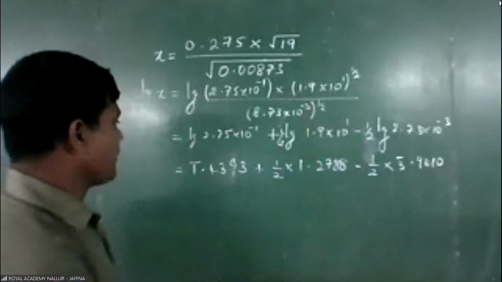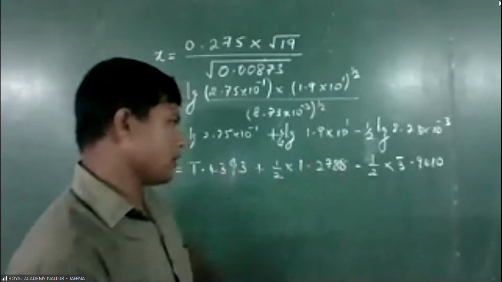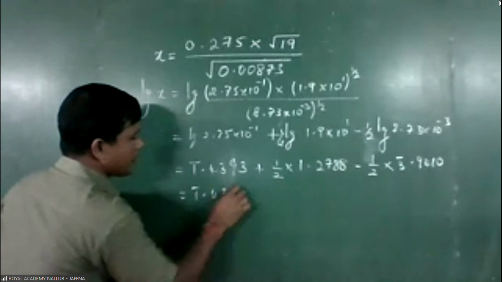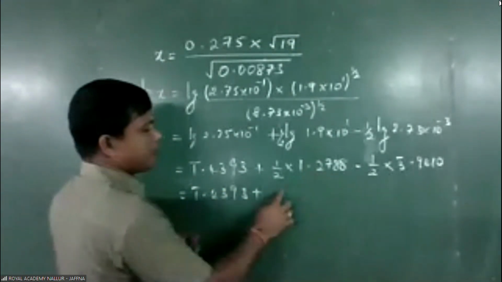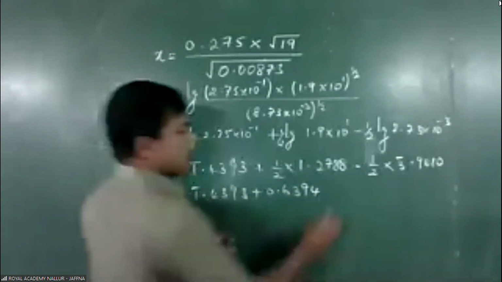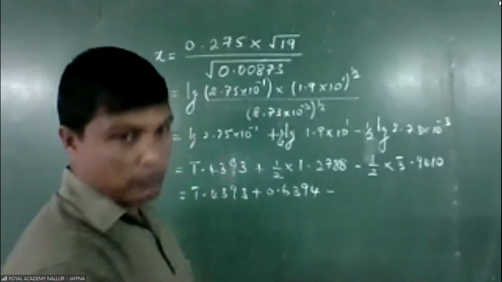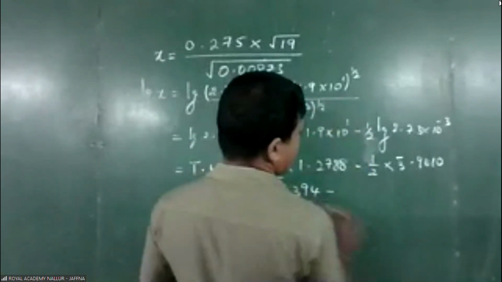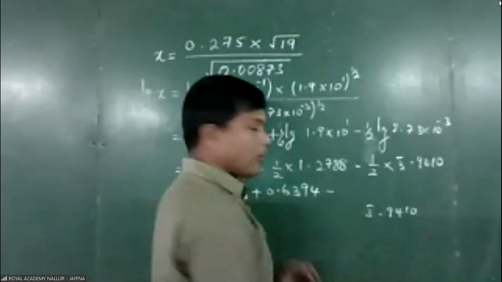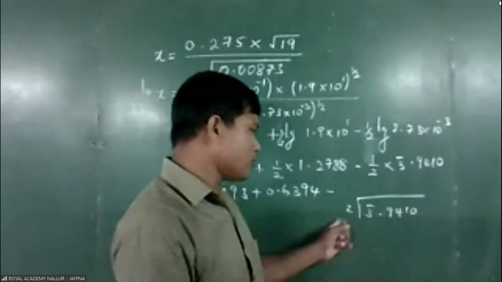Here you see bar values, then division of logarithmic values and bar values, right? You can write down bar 1.4393 plus you have to divide it by 2, therefore 0.6394 minus, when you divide bar 3.9410 by 2, you know that already we have done that division. Bar 3.9410 means you have to divide by 2, but it's not a multiple of 2 completely.